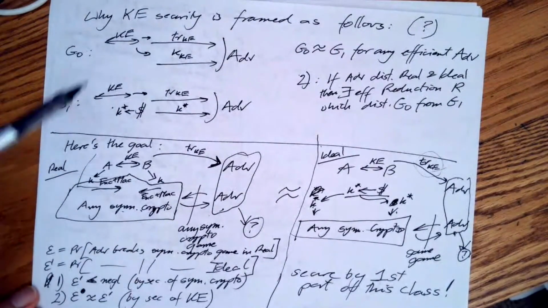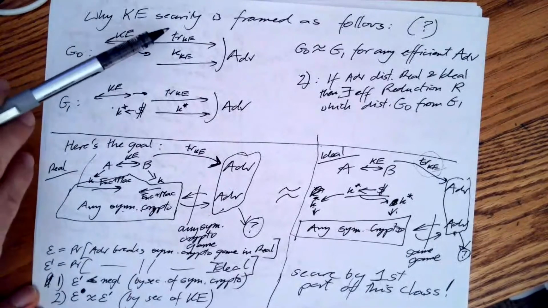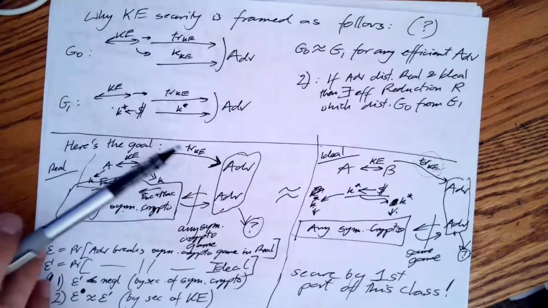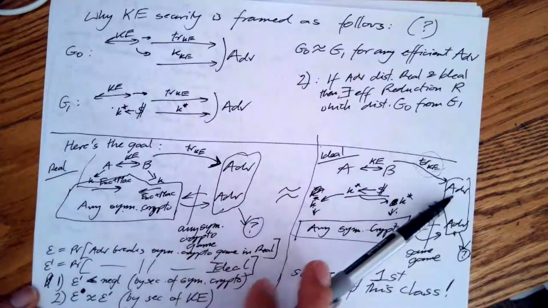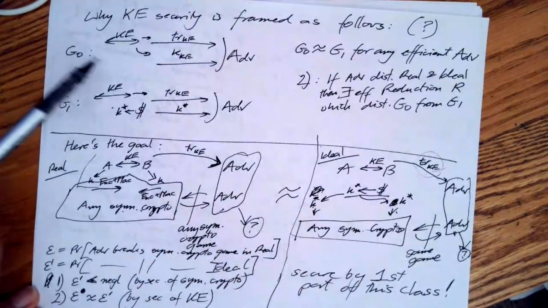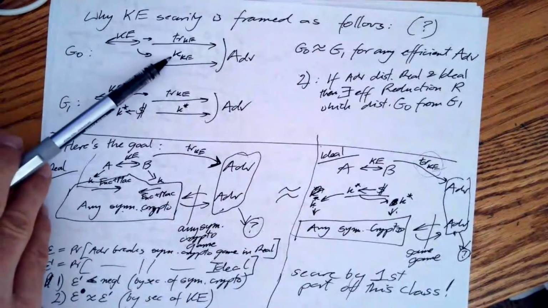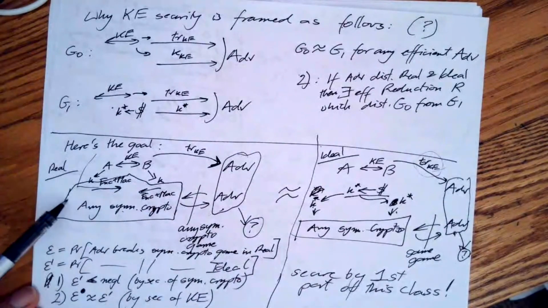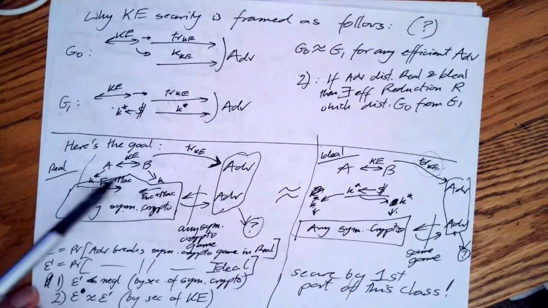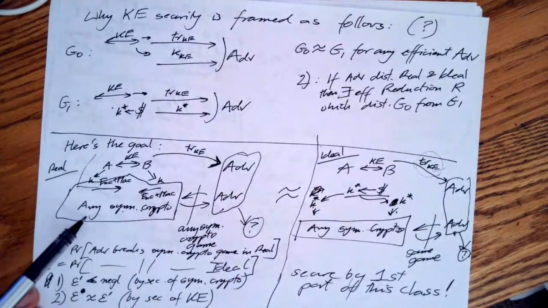And it's obvious that this reduction distinguishes G0 and G1 because the transcript is the same in these two. If the key is formed as in G0, then this reduction emulates the real picture because it took the real key and plugged it into whatever symmetric crypto system world.